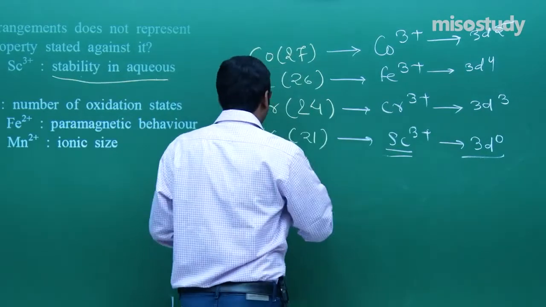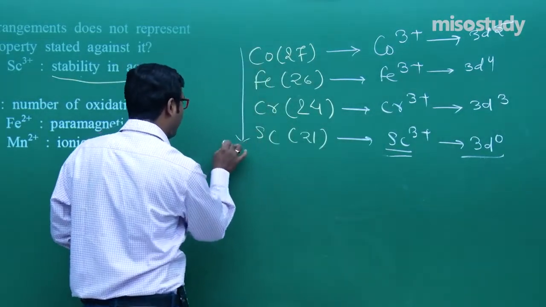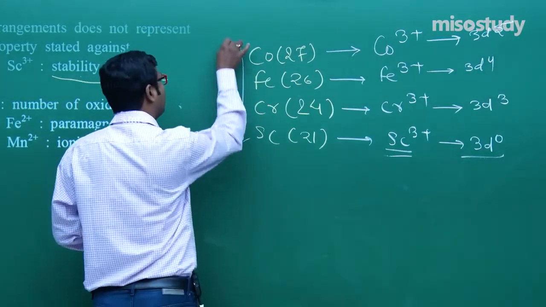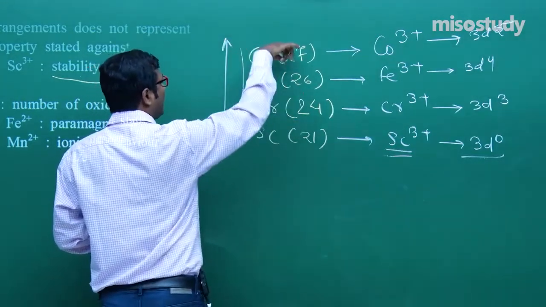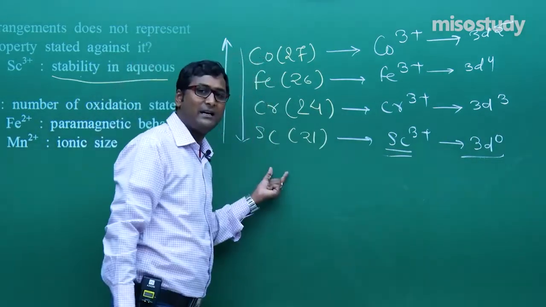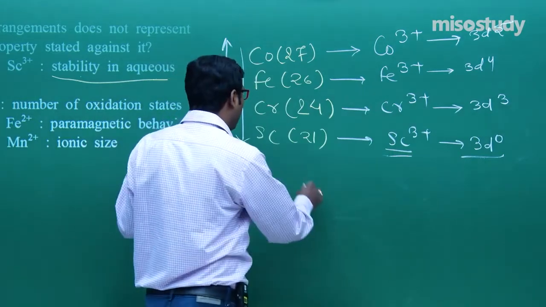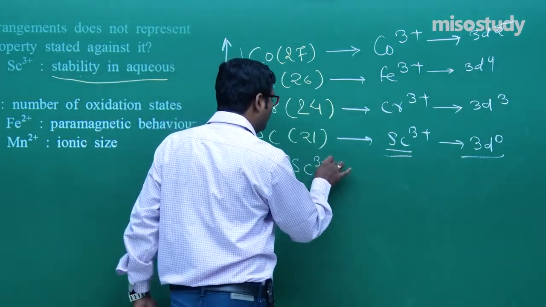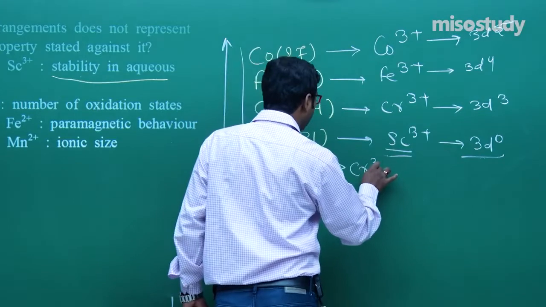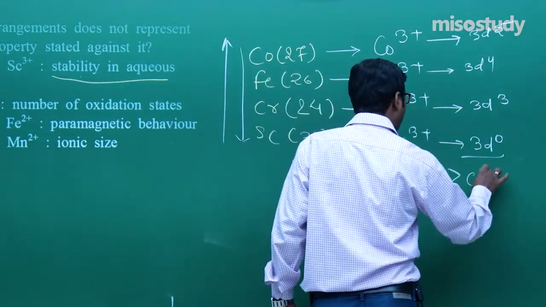As we know, if we move from scandium to cobalt, then what will happen? In this case, stability in aqueous solution increases. So the order is scandium 3+, chromium 3+, Fe3+, and cobalt 3+.